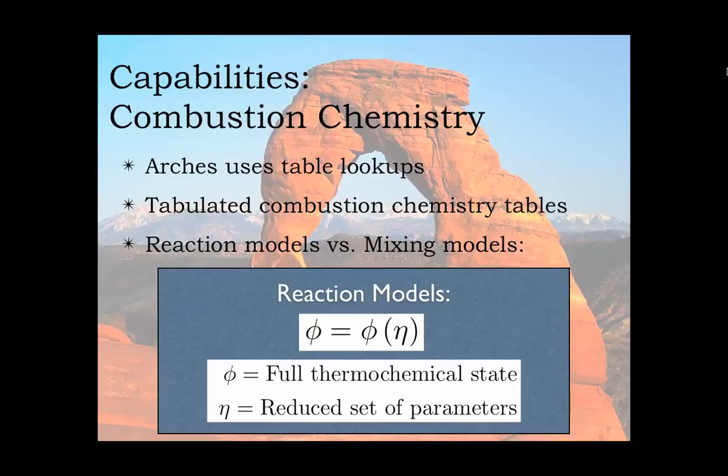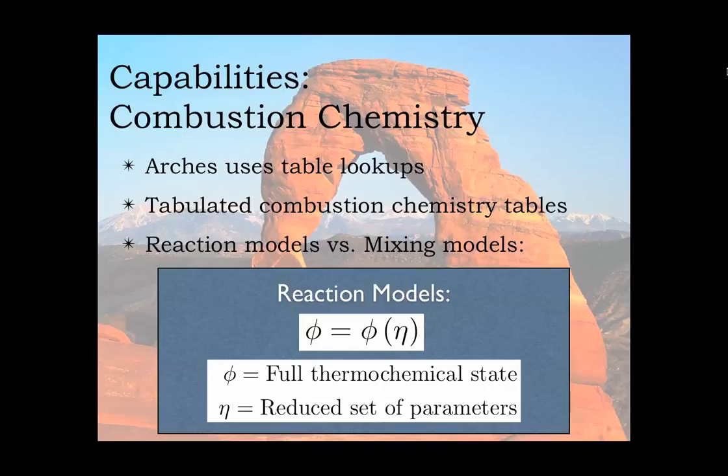Maybe there's some fuel here, maybe oxidizer here, maybe some pockets of fuel here, if this is the size of our grid. What we're doing with LES is we're saying we're just going to treat that as homogeneous. But it's not homogeneous.